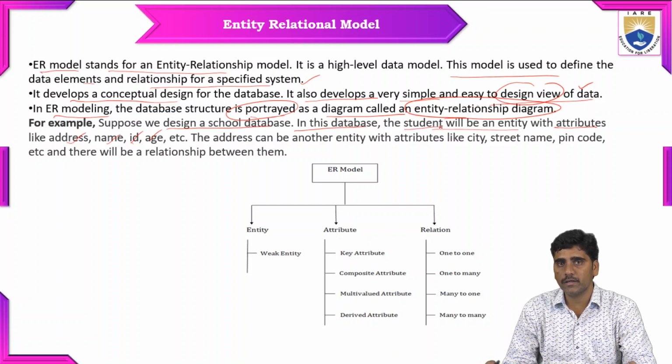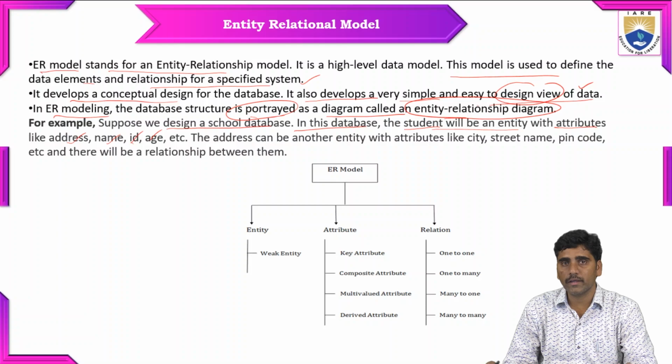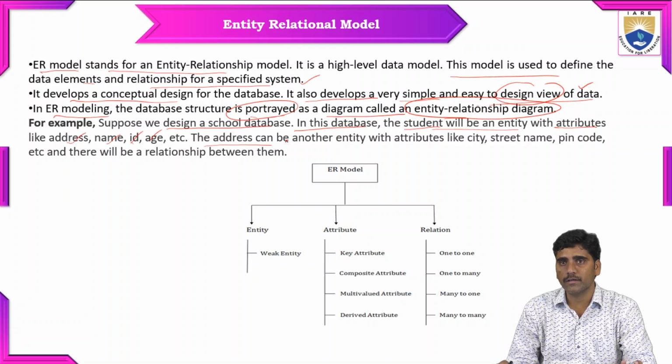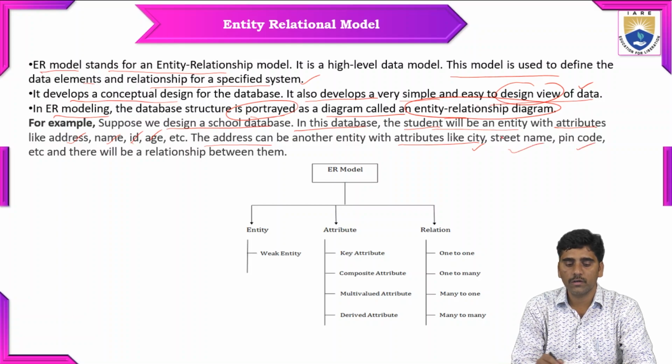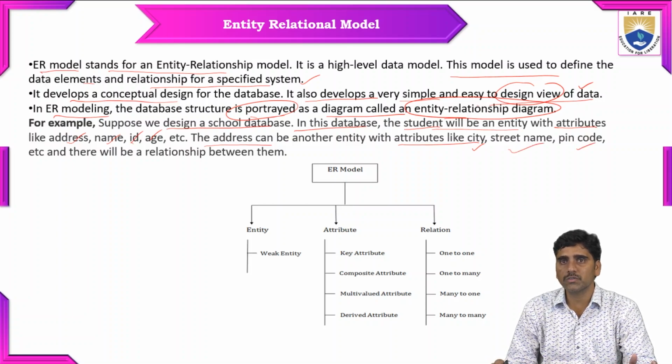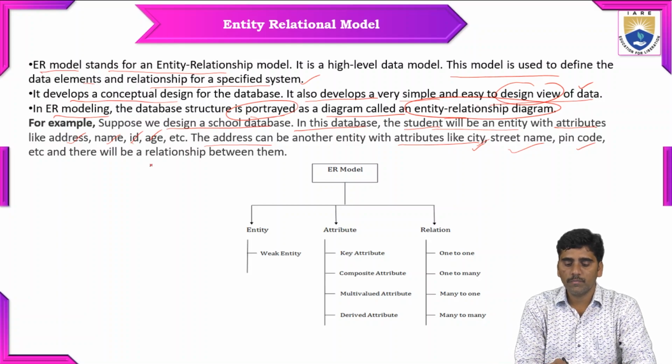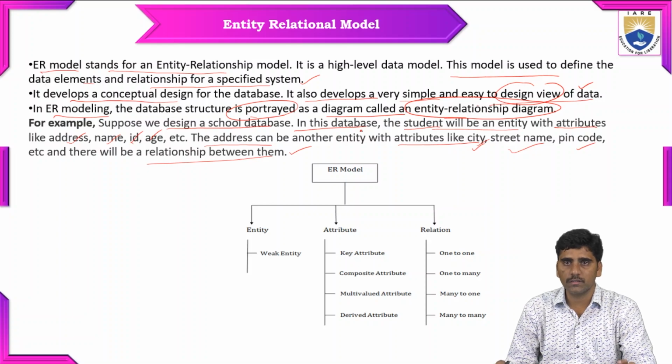The address can be another entity with attributes like city, street name, pin code, etc. So the address is also taken as an entity, and there will be a relationship between all these.